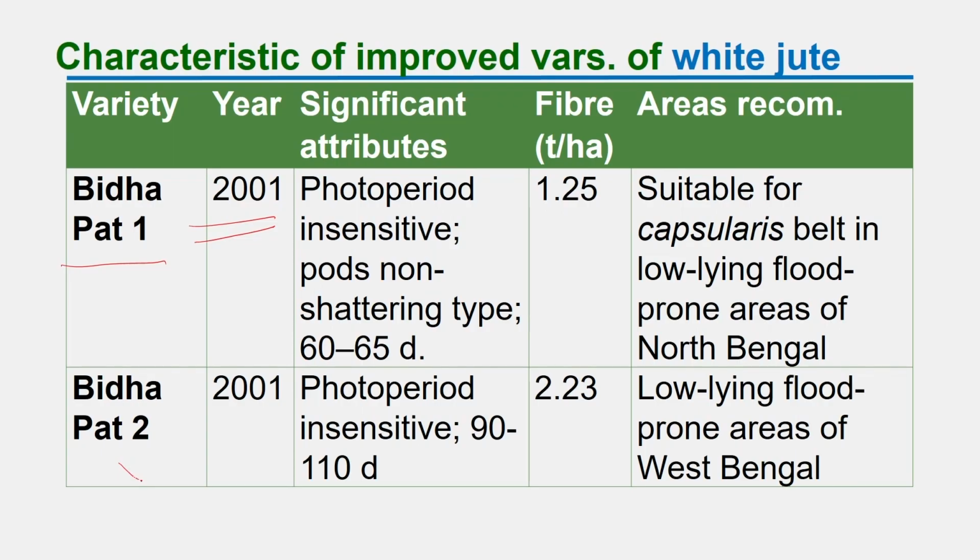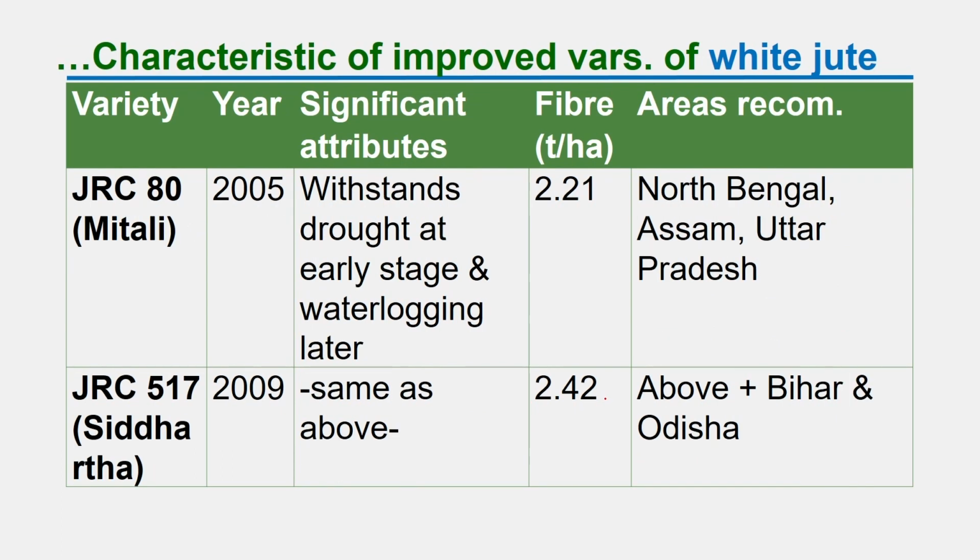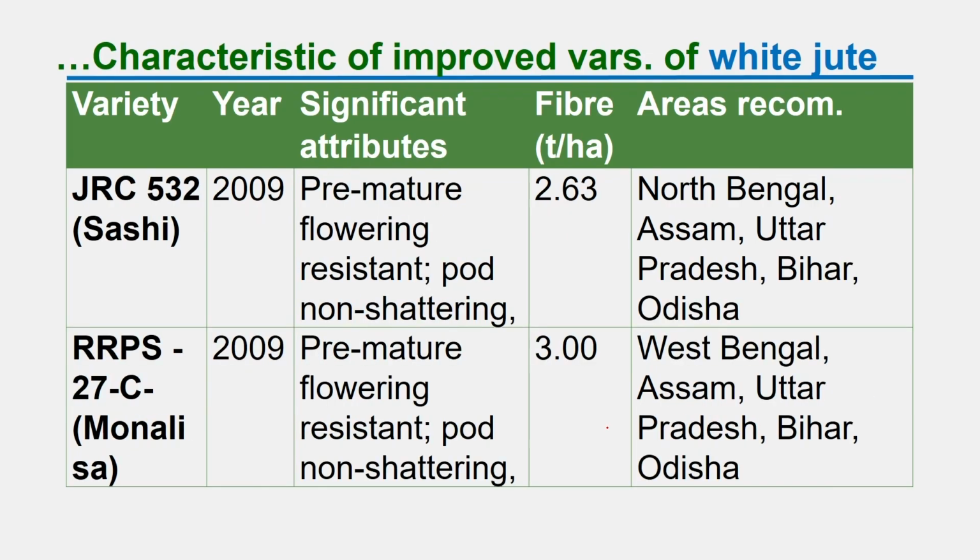And then Bidha Part 2 is also an important variety, released in 2001, and its yield potential is 2.23 tons per hectare. JRC 80, released in 2005, fiber yield is 2.21 tons per hectare. JRC 517, released in 2009, fiber yield is 2.42 tons per hectare. Similarly, RRPS 27C, released in 2009, 3 tons per hectare, recommended for different parts of India.